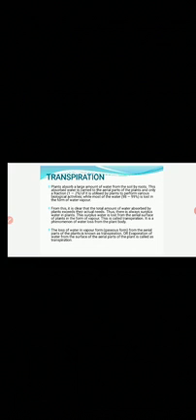Thus, during transpiration, water is lost in the form of vapor. In short, we can define transpiration as the loss of water in the gaseous form from aerial parts of the plant. Or we can say water is lost from a plant primarily in the form of vapor through the process of transpiration.